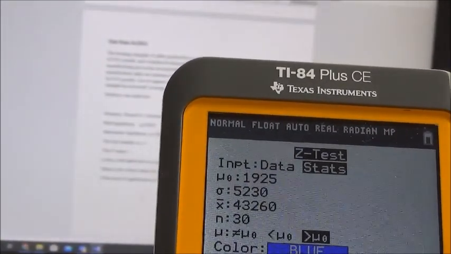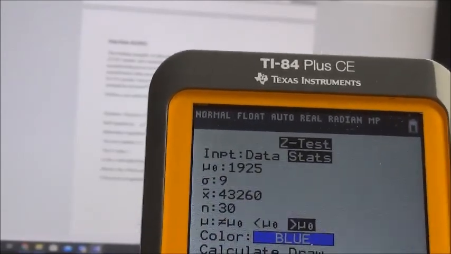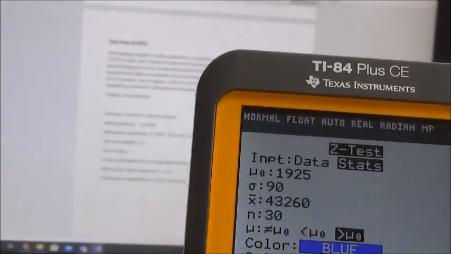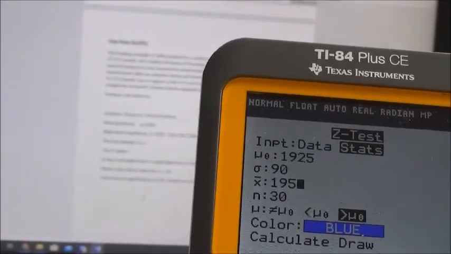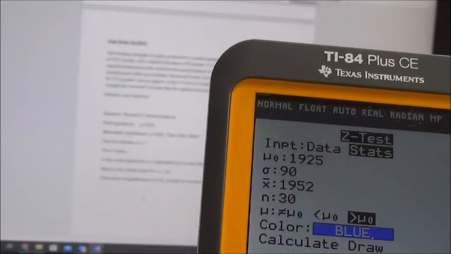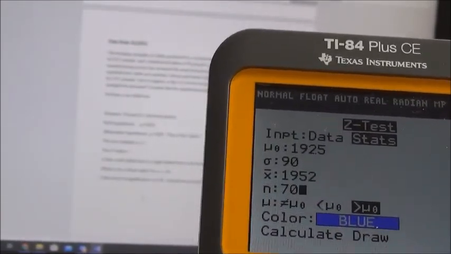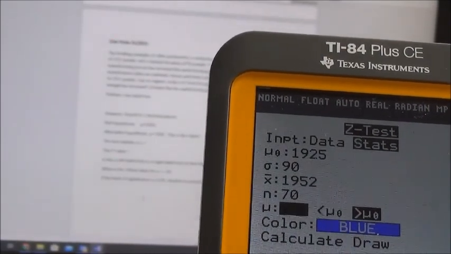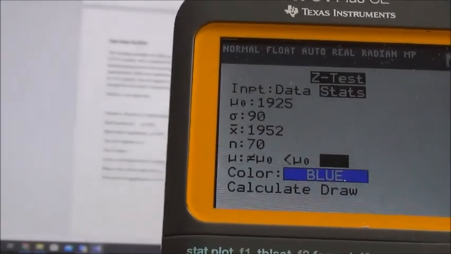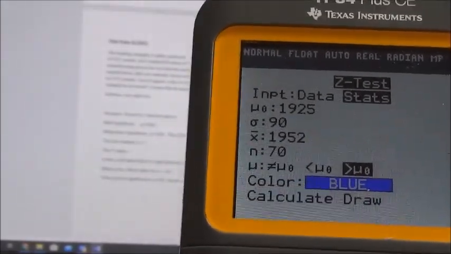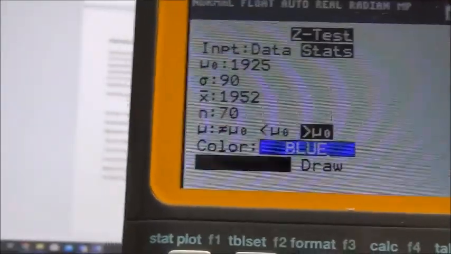The standard deviation was 90. The sample mean was the 1,952, and the number of people that were surveyed was 70. You are testing the claim that it is greater than, so again you want the greater than, and you're going to calculate that. I'm not going to go any further than that. I'm going to have you calculate that.